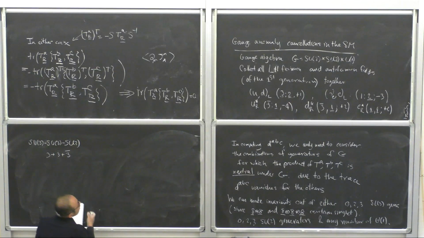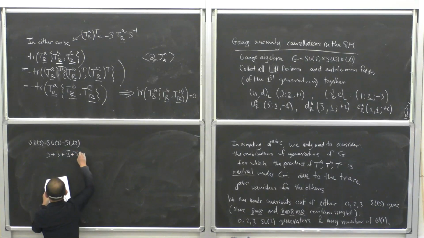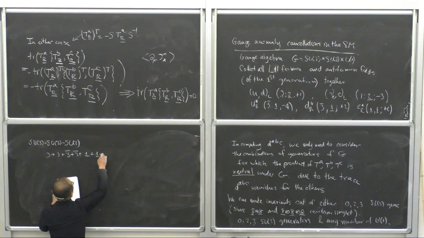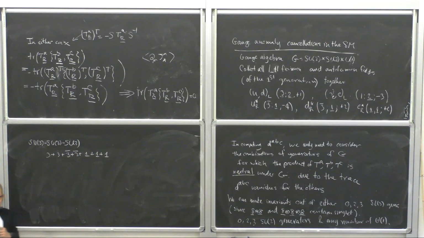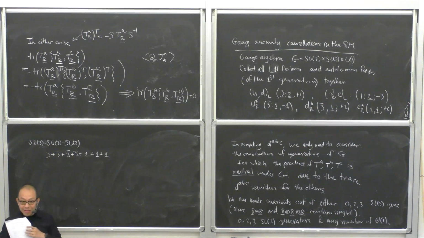Plus 3 bar, yes, because U and D contribute 3 and 3, then 3 bar plus 3 bar plus 1 plus 1 plus 1. These are the representations that you see, only for SU3. What's the property of this? If you conjugate this, you get this. And these are self-conjugate, so these are real representations.